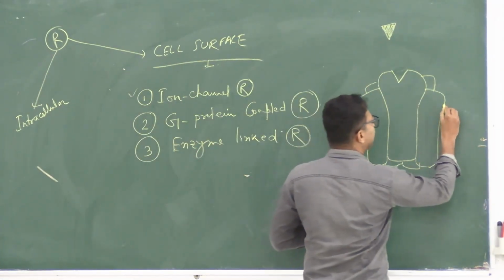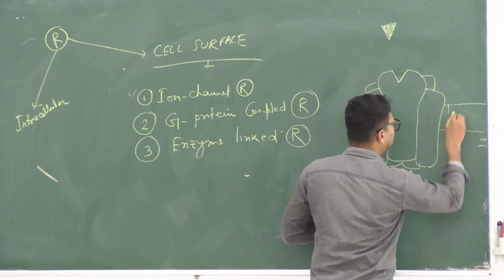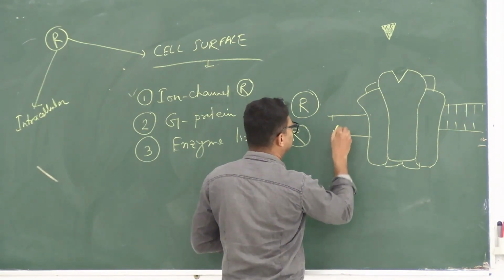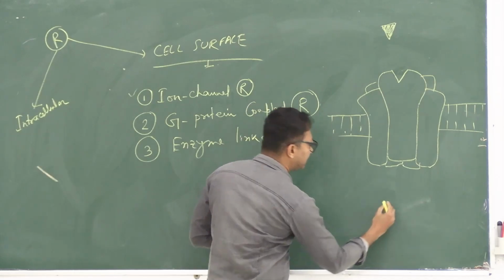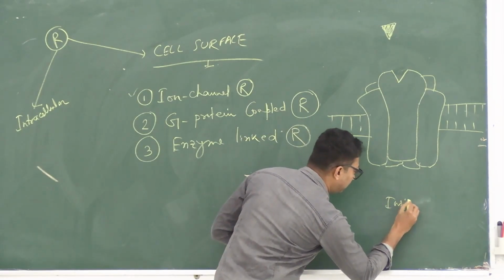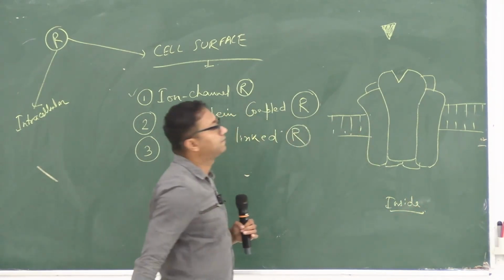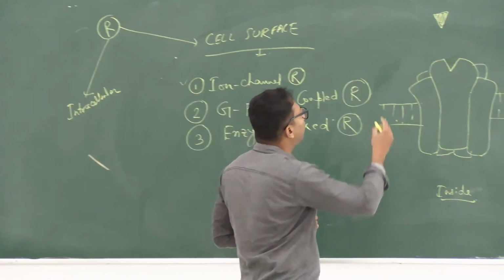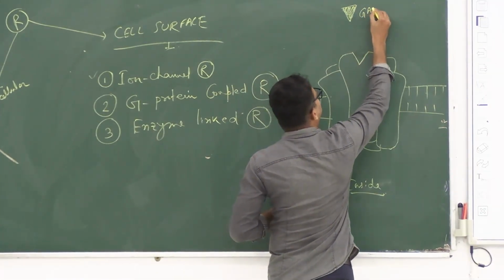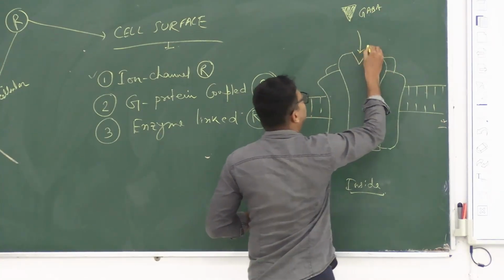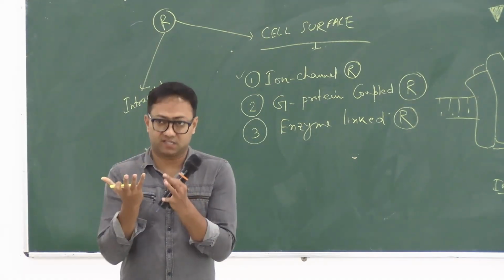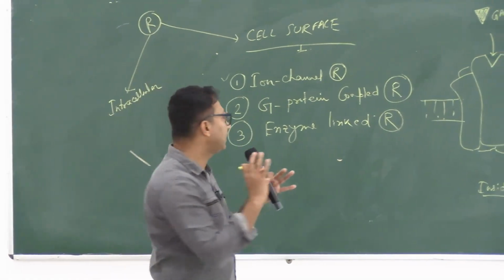This is GABA, this is the cell membrane, and this is inside the cell, okay. Now once GABA binds here, the channel opens, okay, the channel opens.